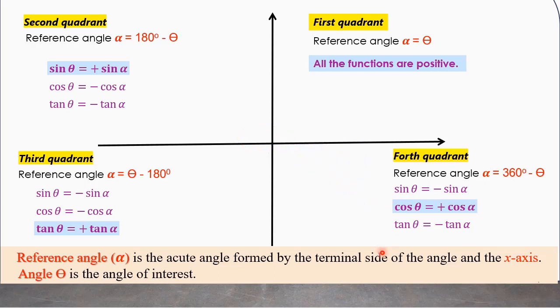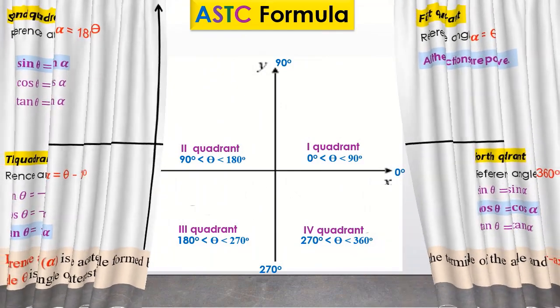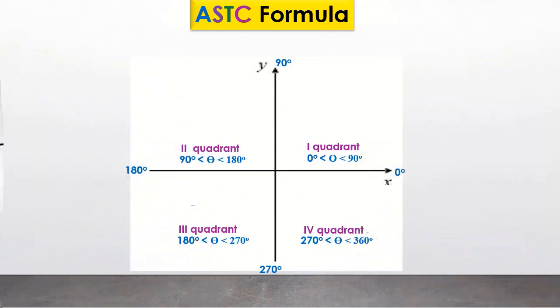We may apply this knowledge to evaluate trigonometric functions for any angles. We may use the ASTC formulas to remember the signs of trigonometric functions. In the first quadrant, all are positive, so that is A. In the second quadrant, S, sin is positive.